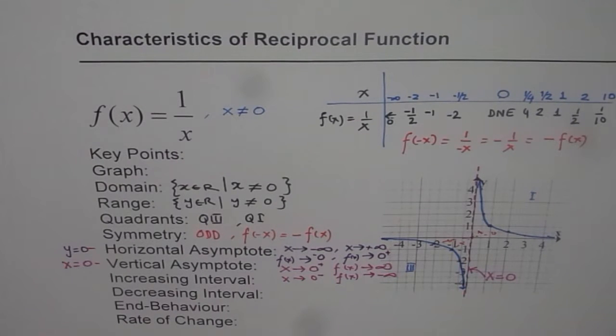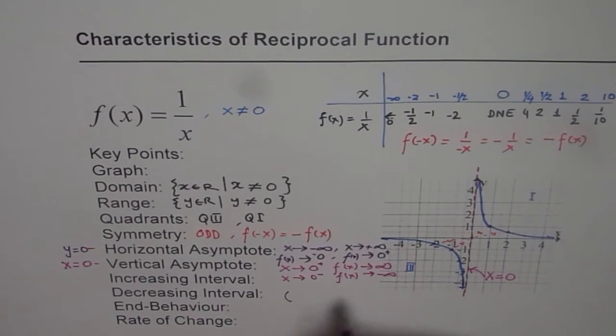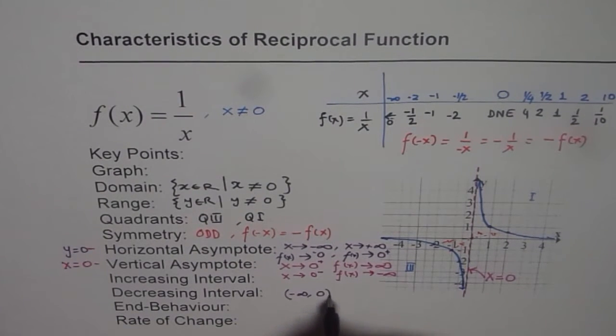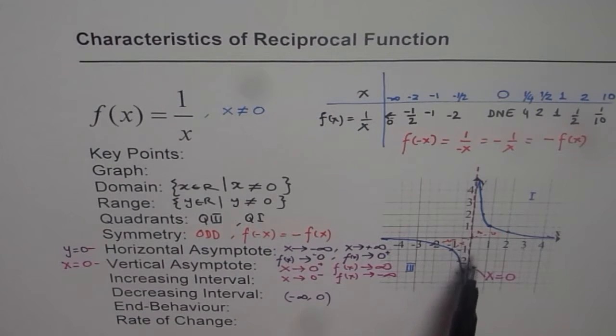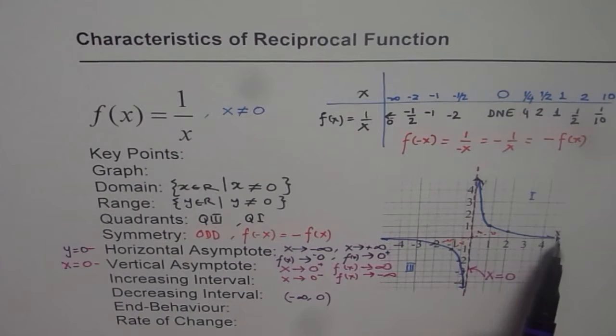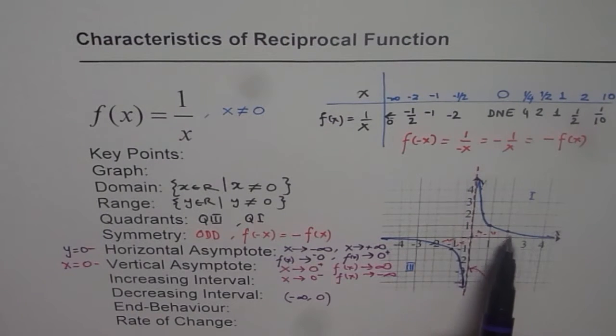Now let's look into increasing and decreasing intervals. As you can see, if you move from left to right, the function is decreasing in quadrant 3. That means the decreasing interval is from minus infinity to 0. And as we go from 0 to positive infinity, we see it is also decreasing, right?